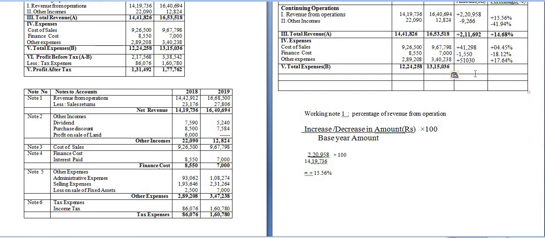Now find out whether the amount is increase or decrease. How will you find out? 12,24,258 minus 13,15,036. Okay, so how much? 90,778. So write here plus.